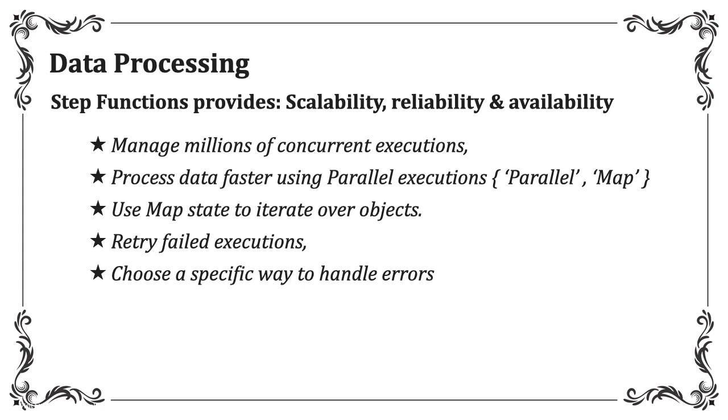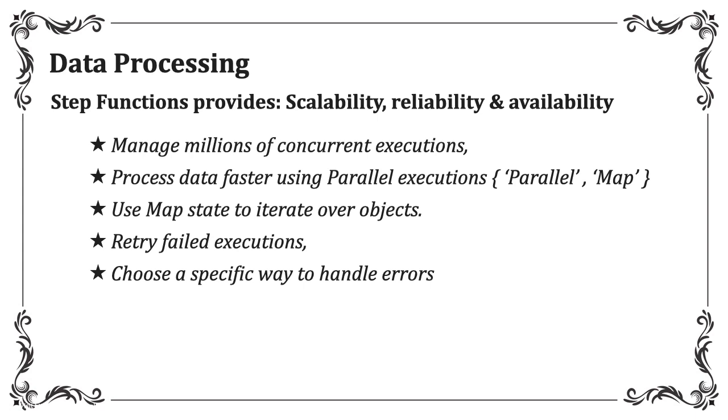Process data faster using parallel executions, like the Step Functions parallel state type, or via dynamic parallelism using the map state type. As part of your workflow, you can use the map state to iterate over objects in a static data store, like an Amazon S3 bucket.